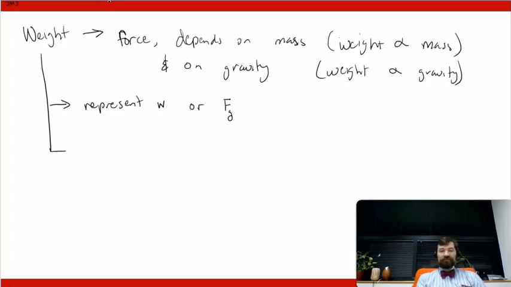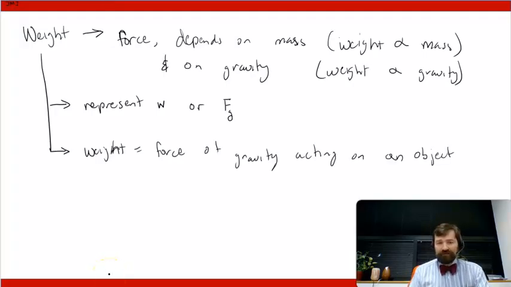And the reason why is because in some sense, weight is equal to the force of gravity that acts upon an object. And we could modify this. We could say apparent weight is the apparent force of gravity that acts on an object.